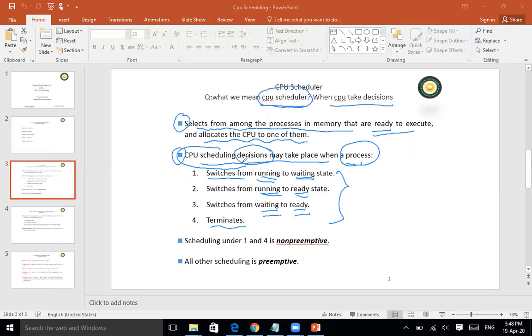Now, when it takes a decision, we have two cases. As you remember from the mathematics, we said the scheduling is either preemptive or non-preemptive.